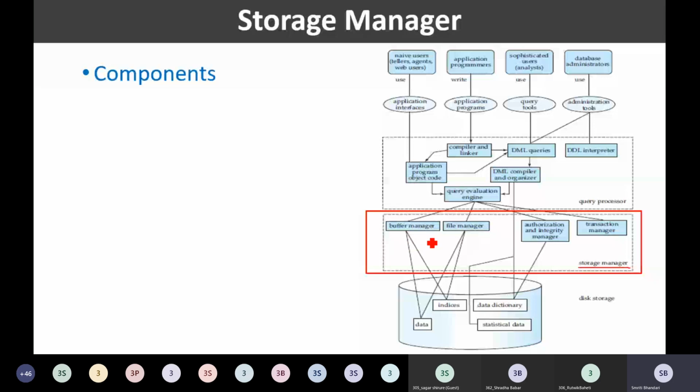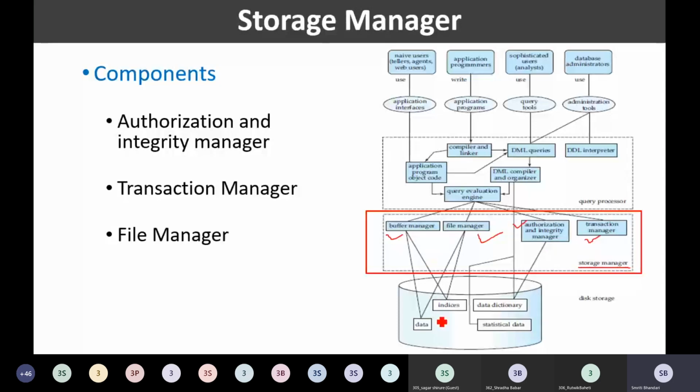We have the authorization and integrity manager, the transaction manager, the file manager and the buffer manager. What are the roles of these different components? These four comprise the storage manager, and all of them have certain responsibilities.